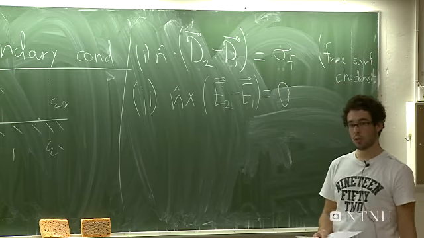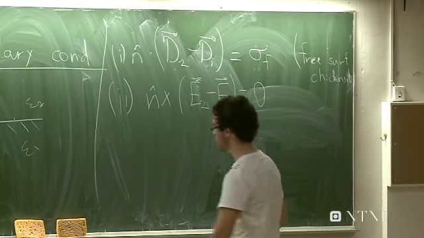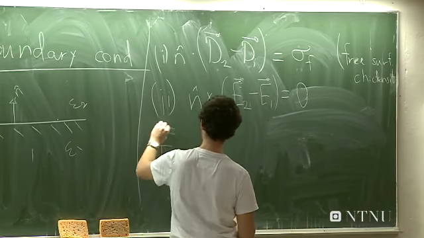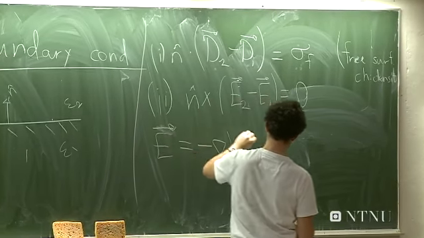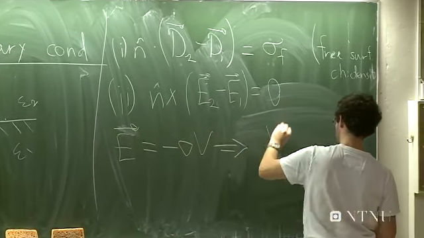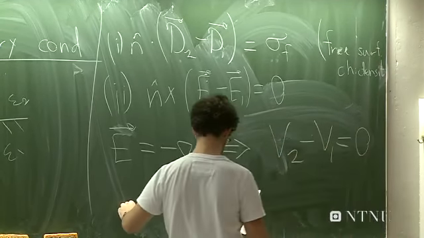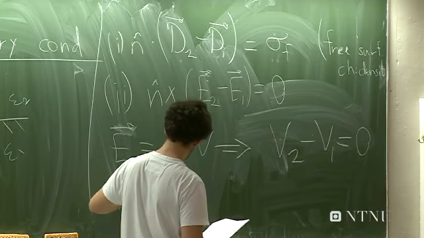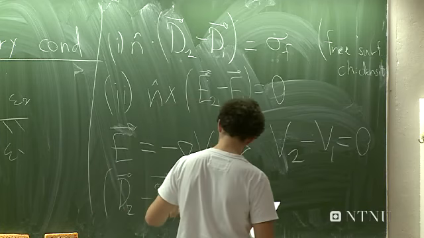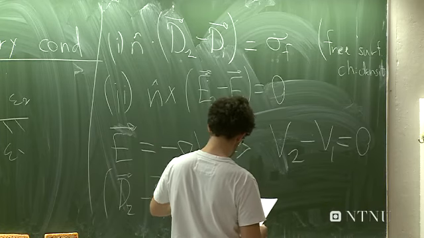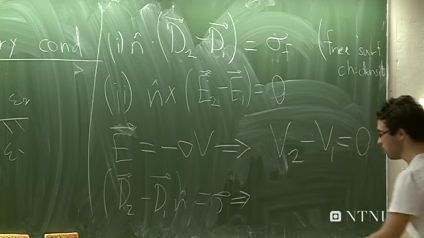Now in terms of the potential, these boundary conditions translate in the following way. And now you see the epsilons come out.